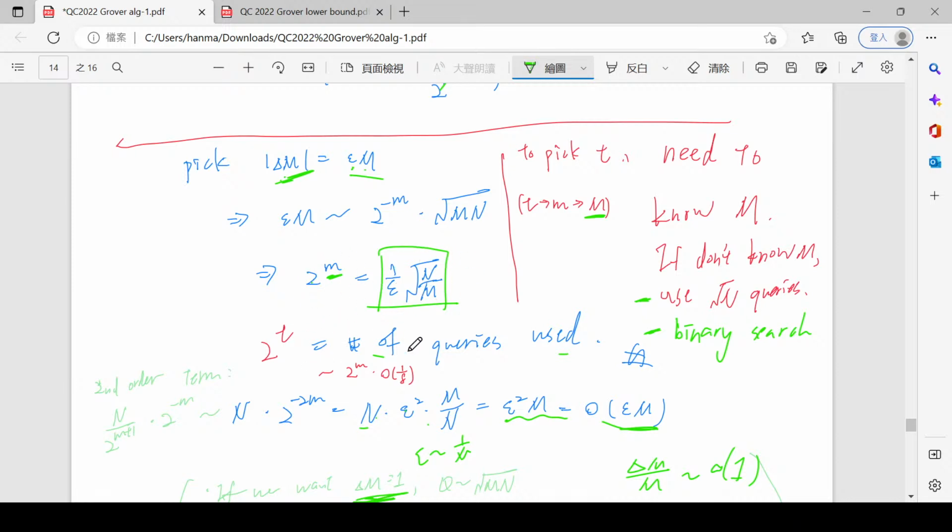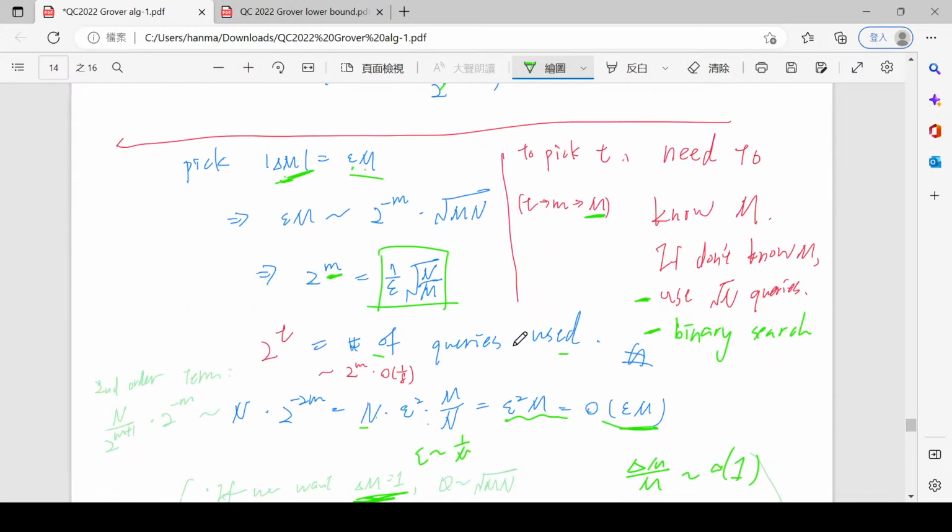And 2 to the t is the number of oracle calls we need to run. It's also about the time complexity of the algorithm. And anyway, the query complexity, as we showed, is 1 over epsilon square root of n over m.